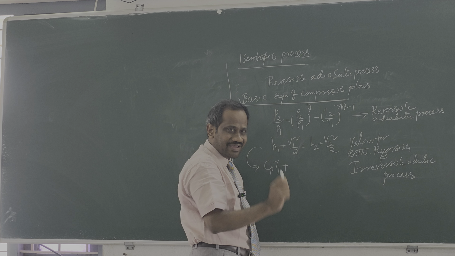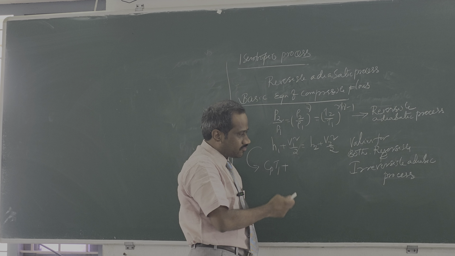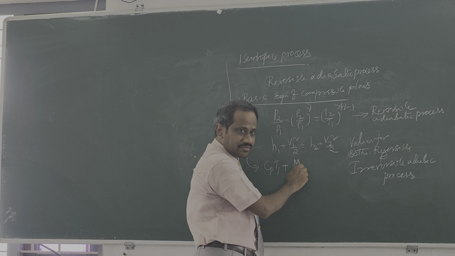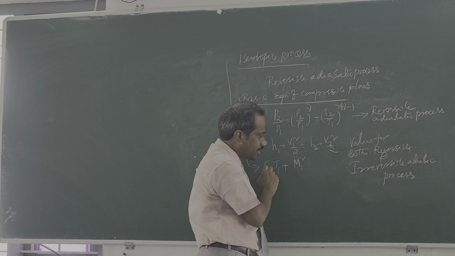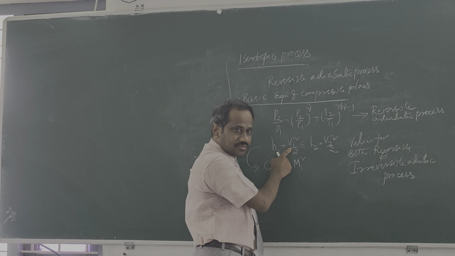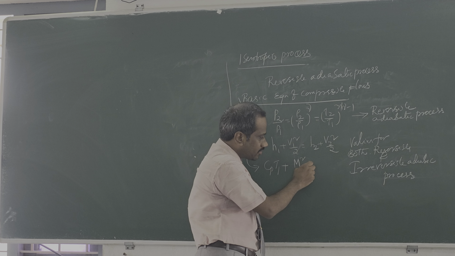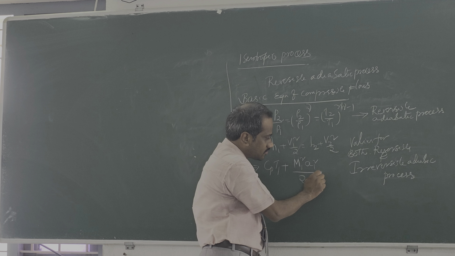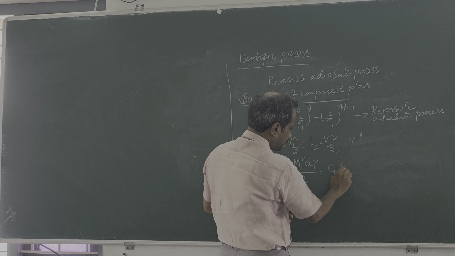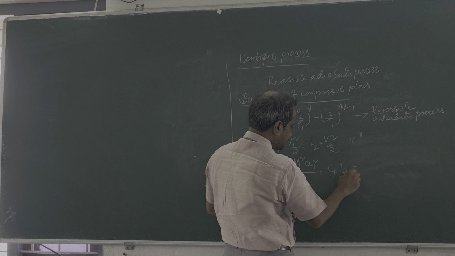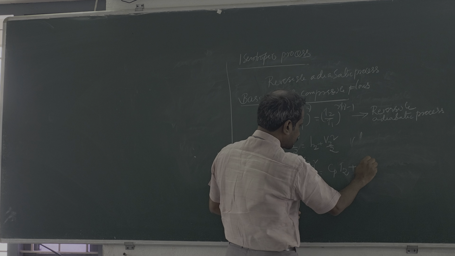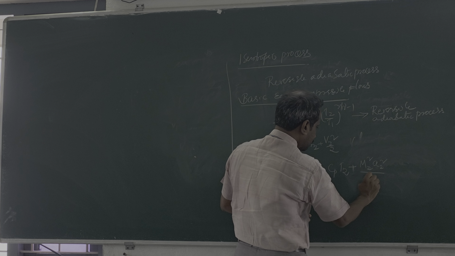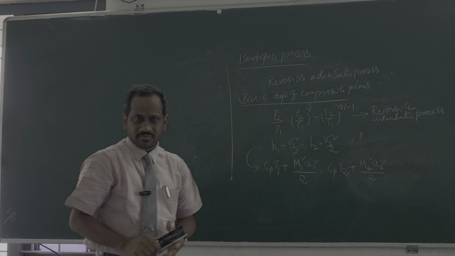M1 is equal to V1 by A1, so V1 is M1 A1. CP T1 plus M1 square A1 square by 2 is equal to CP T2 plus M2 square A2 square by 2. This is one step.